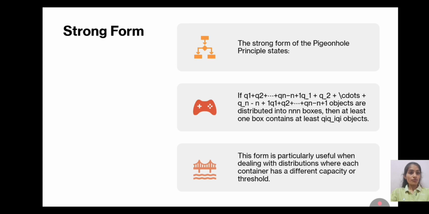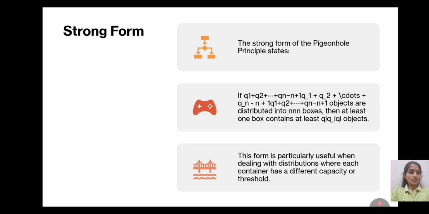Next, strong form. The strong form of the pigeonhole principle states that if q1 plus q2 and so on up to qn, minus n plus 1, that is, q1 plus q2 and so on up to qn minus n plus 1 objects, are distributed into n boxes, then at least one box i contains at least qi objects.